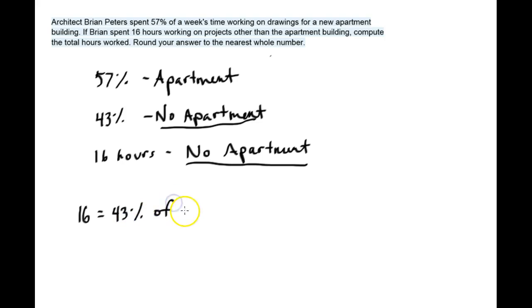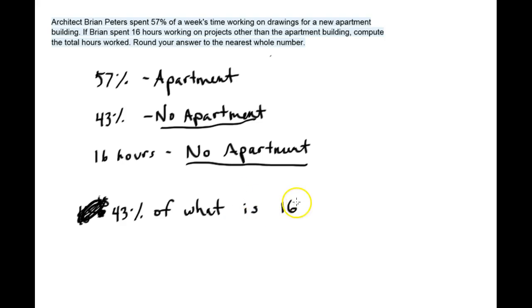Of what? Or you might write instead of that, is. And I think typically, like those videos, it's 43% of what is 16. So let's write it over there. Is 16.